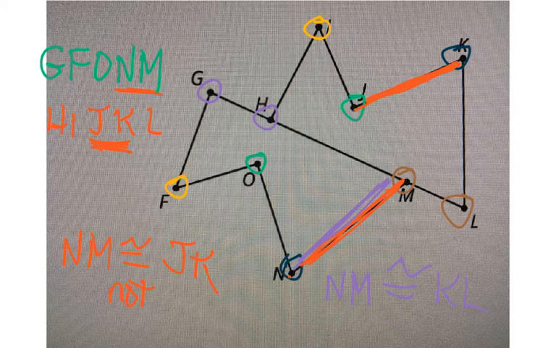Notice that I put it in that order: N comes first and maps to K, and M and L map. So NM is congruent to KL. I hope this clarified everything for this lesson, the corresponding parts. That's why I really stress the importance of using colored pencils to help you out.